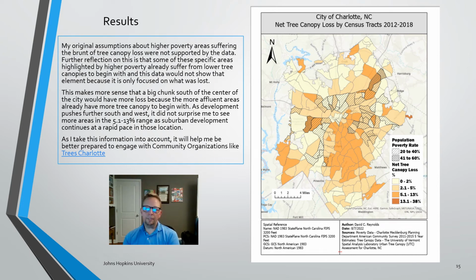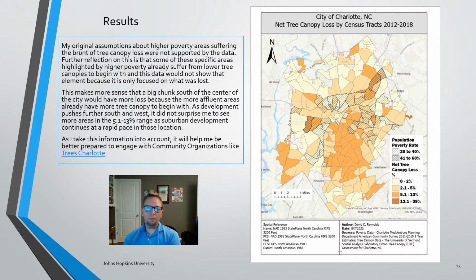There was only one census tract out to the far east that had that 13.1 to 38% loss. I actually know that area well. It's near where I grew up, and there is a hospital development going in there, so it would make sense that there has been a large canopy loss in that area.